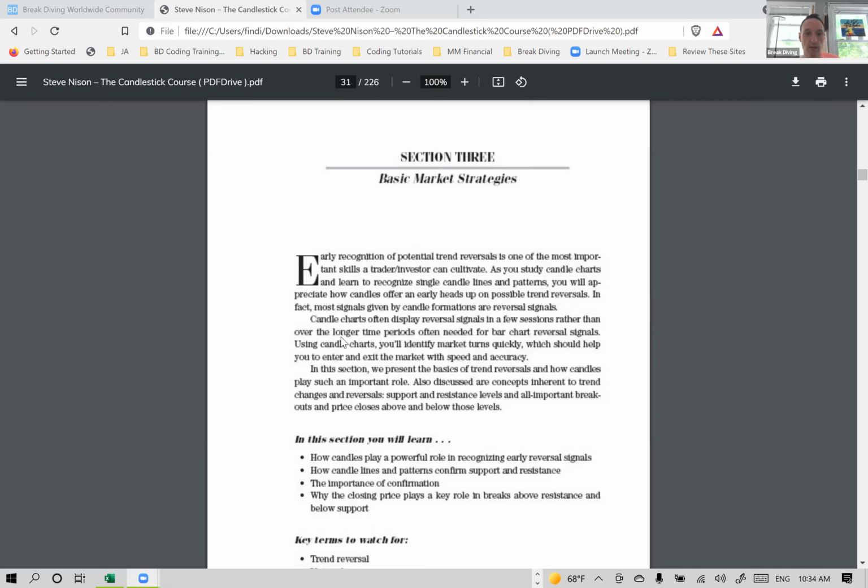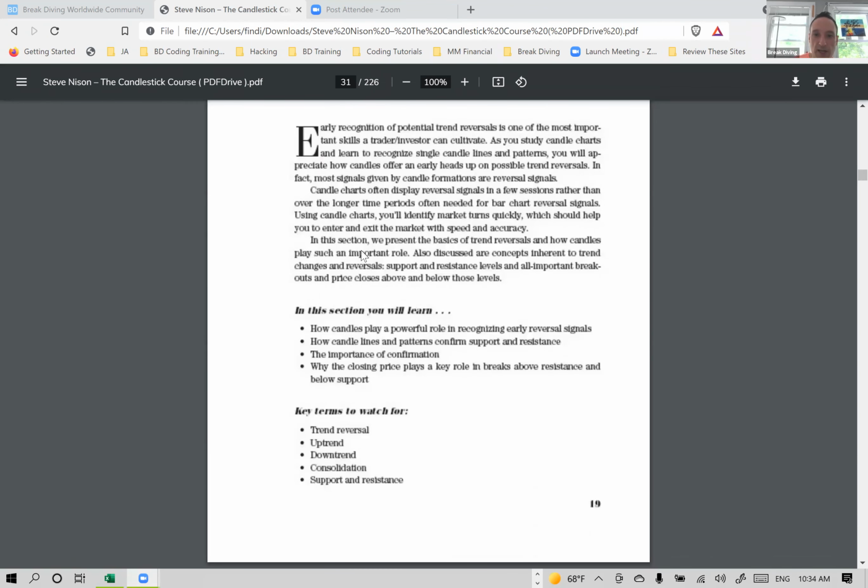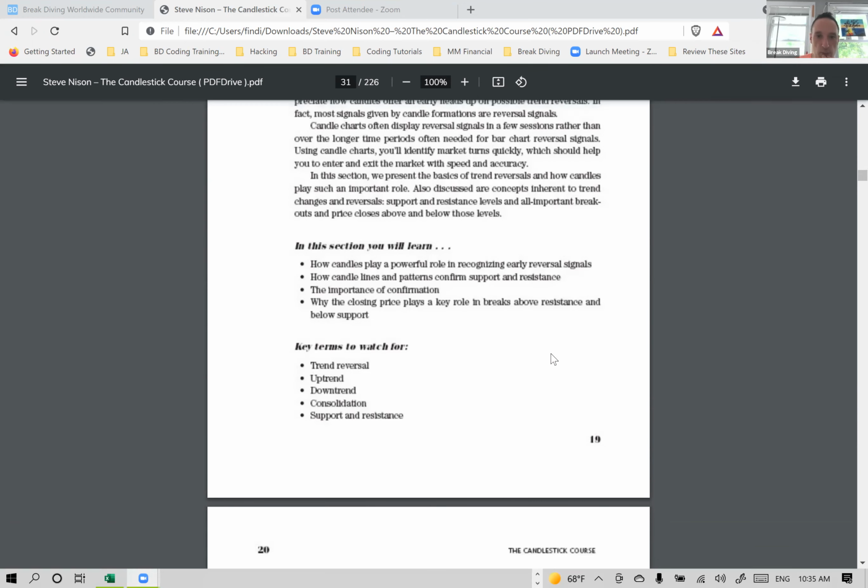Using candle charts, you'll identify market turns quickly, so we can enter and exit the market with speed and accuracy. We're going to discuss these trend reversals and their roles, and concepts inherent to these changes and reversals: support and resistance levels, and all important breakouts and price closes. So we're going to learn how candles play a role in that.